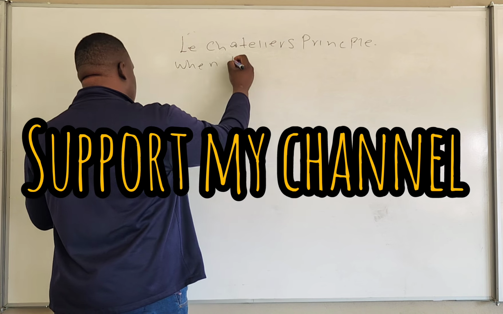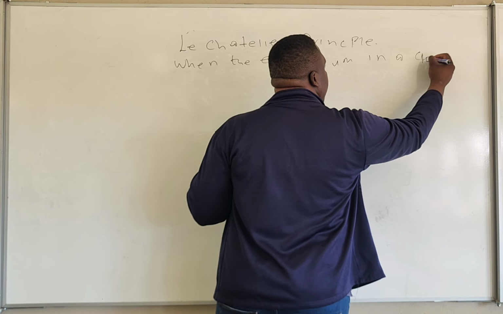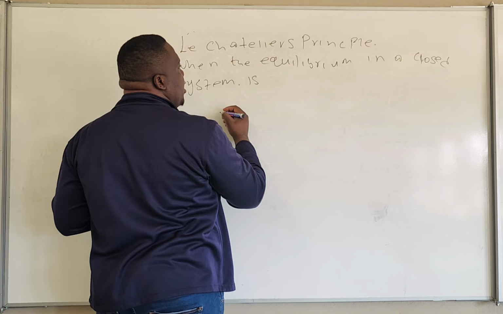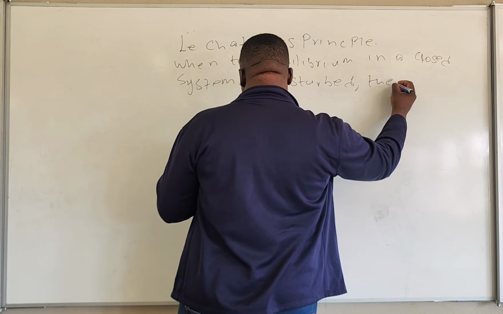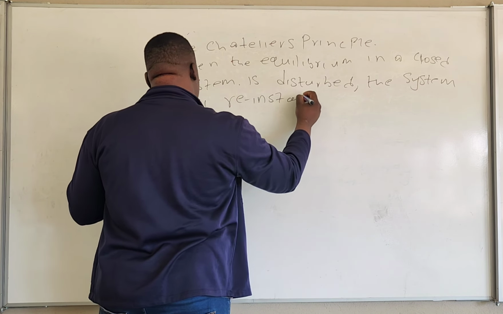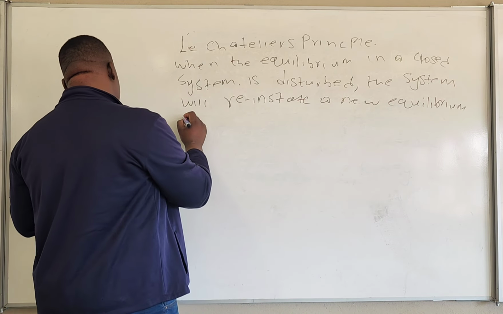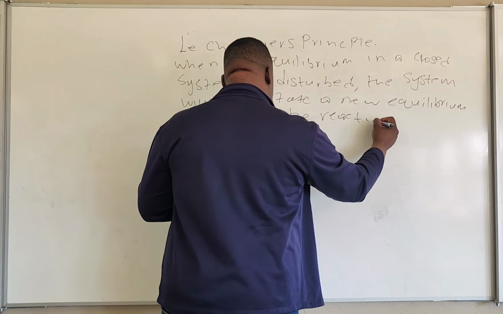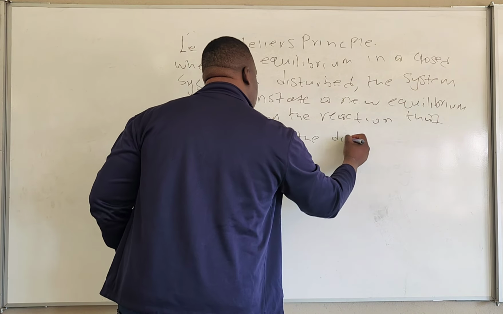It says when the equilibrium in a closed system is disturbed, remember that equilibrium can only be achieved in a closed system, then the system will reinstate a new equilibrium by favoring the reaction that will oppose the disturbance.